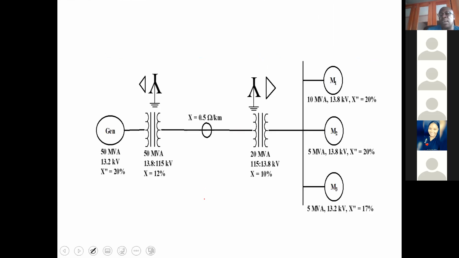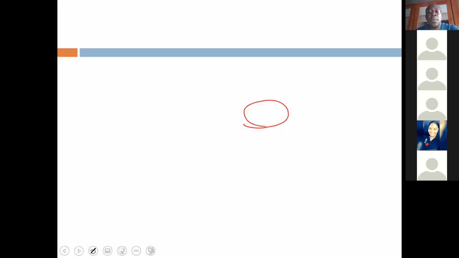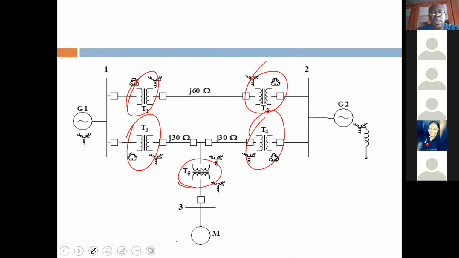And also for the third question, let's just take a little calculation. I'm giving you the reactance per kilometer, and instead of giving you a value, I'm giving you the length of the line. For this one, note that we're specifying that you're using 20 kV at the motor.